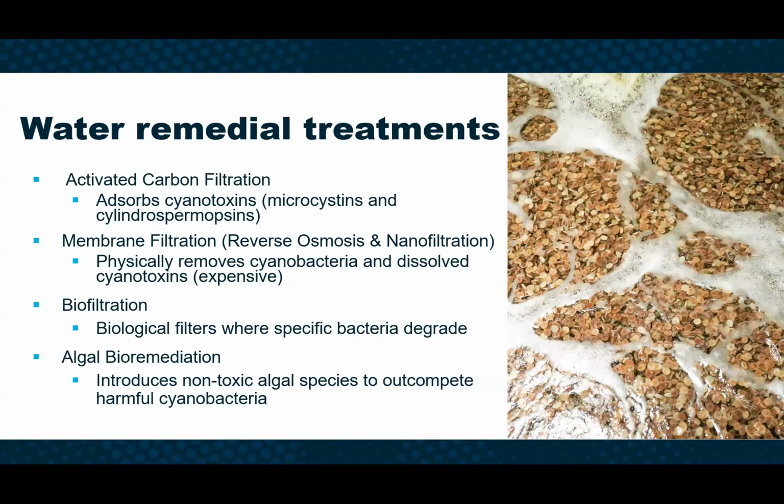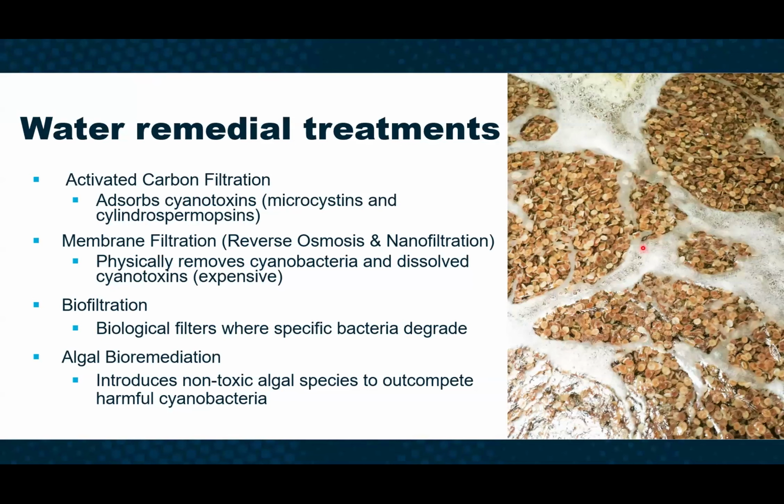So what are some of those remedial treatments that we can use? We can use activated carbon. That one is effective to remove the microcystins and the cylindrospermopsins. We can also do membrane filtration. However, this one can get really expensive. We also can use biofiltration.